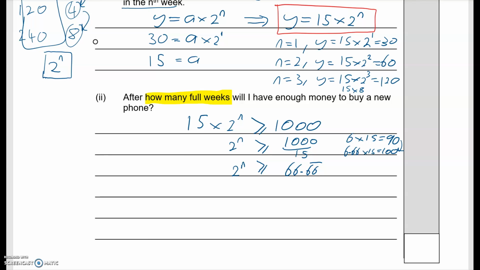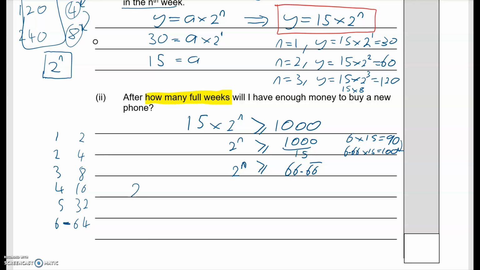But either way, we need 2 to the power of n to be greater than 66. Now, you know your powers of 2. They go 1, 2, 4, 8, 16, 32, 64. Sorry, 2 to the power of 1 is 2, then 2, 3, 4. Okay.